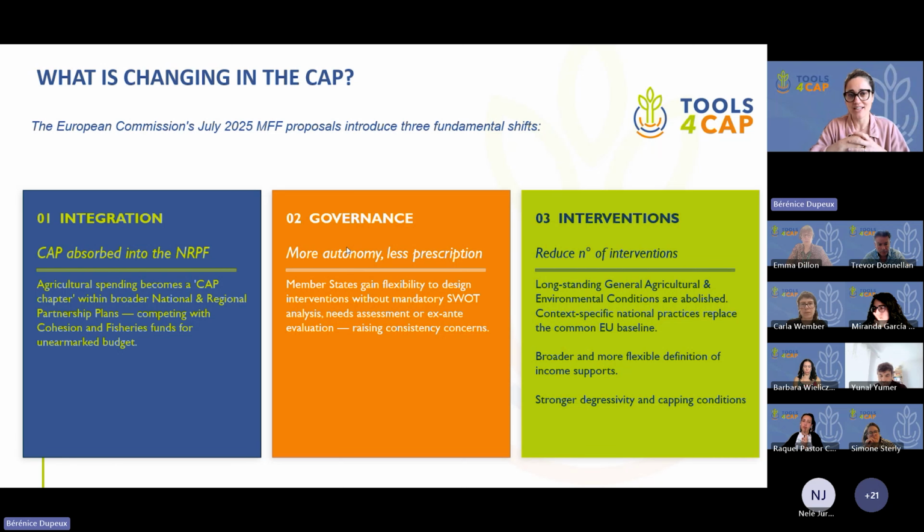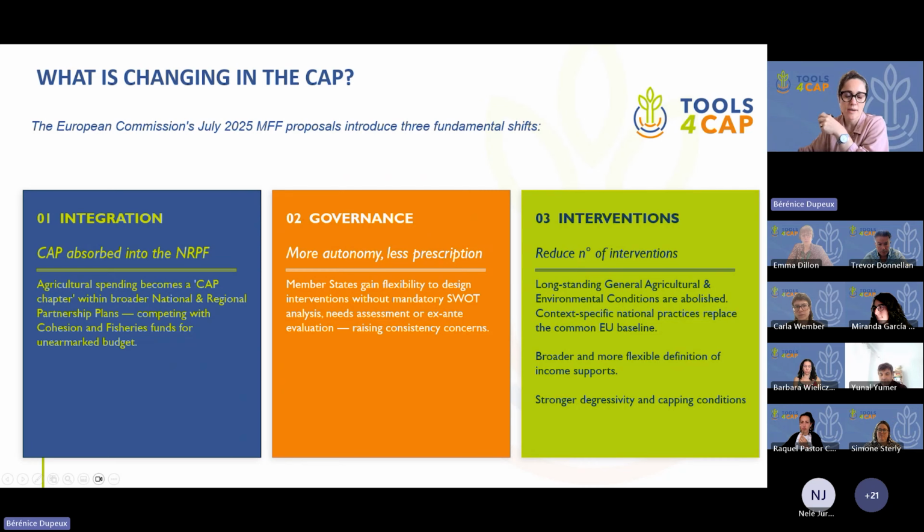And the European Commission's role is also evolving. Now it will rather be involved at the outset with providing recommendations to member states, who are themselves required to address those recommendations in the respective NRPPs.